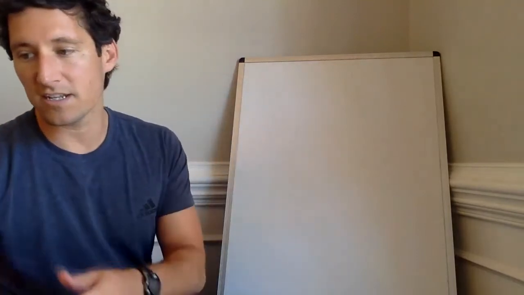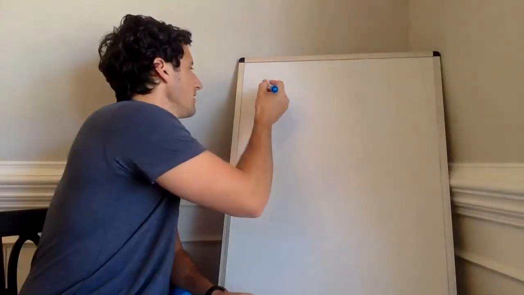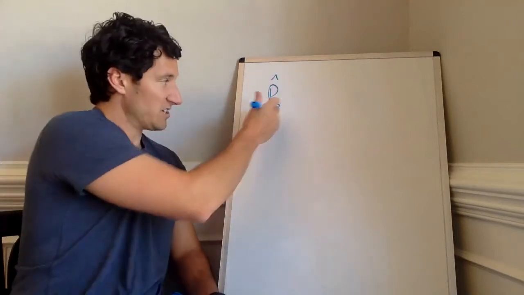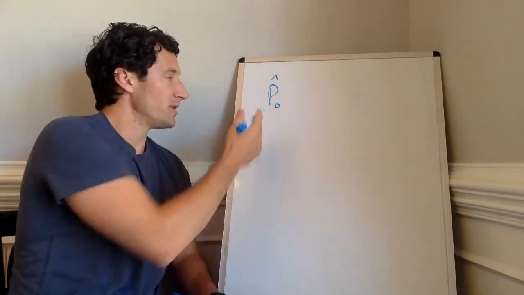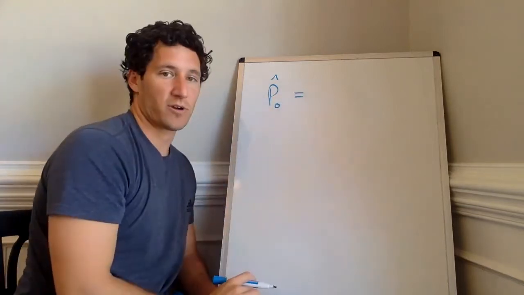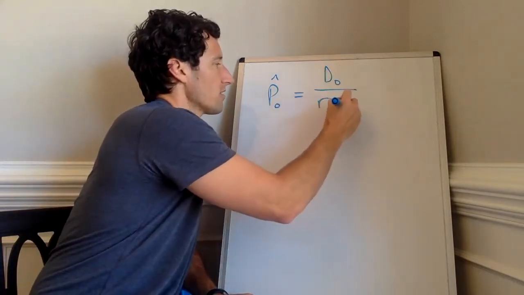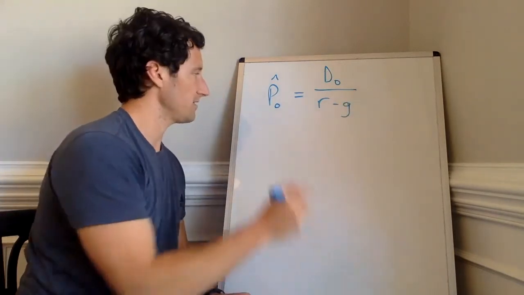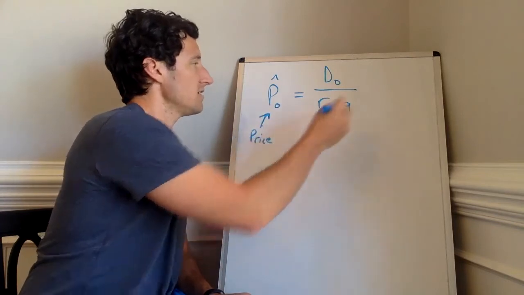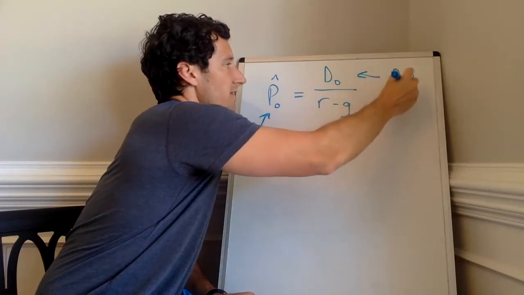So using the dividend discount model, this P0 hat, 0 is today, just like your timeline. P stands for the price, the hat is just an estimate. So we're saying the estimate of the stock price today is equal to D0 over R minus G. All right, so again, this is solving for the price. D0 is the dividend just paid.